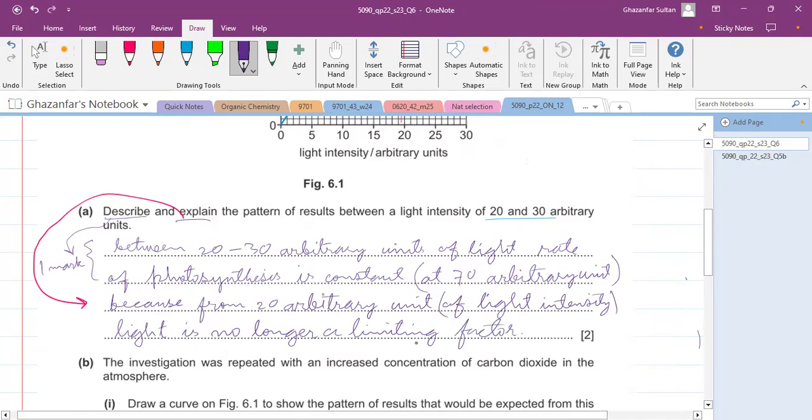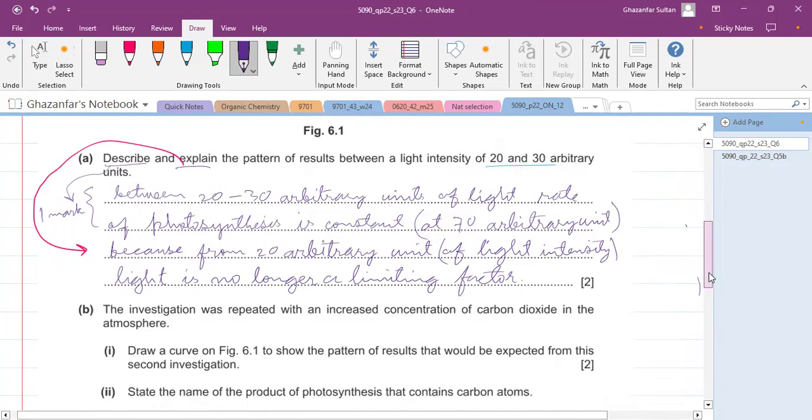If you have wasted time during the examination somewhere else, then you can answer in a very short way: between 20 to 30 arbitrary units of light, the rate of photosynthesis becomes constant because light is no longer the limiting factor. It is also enough.